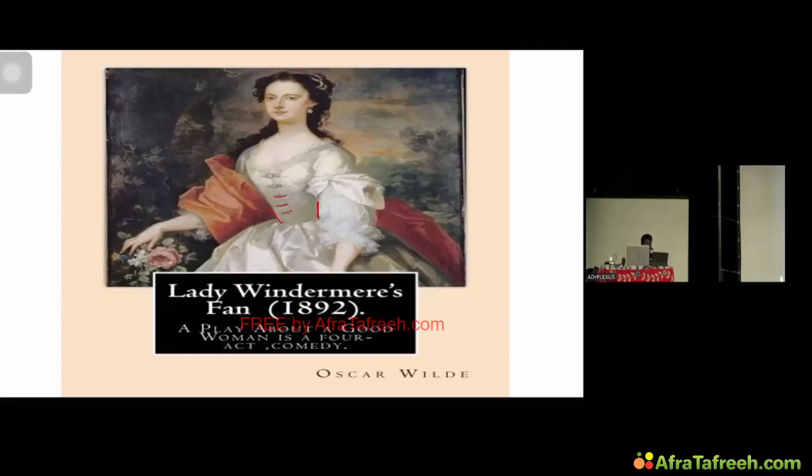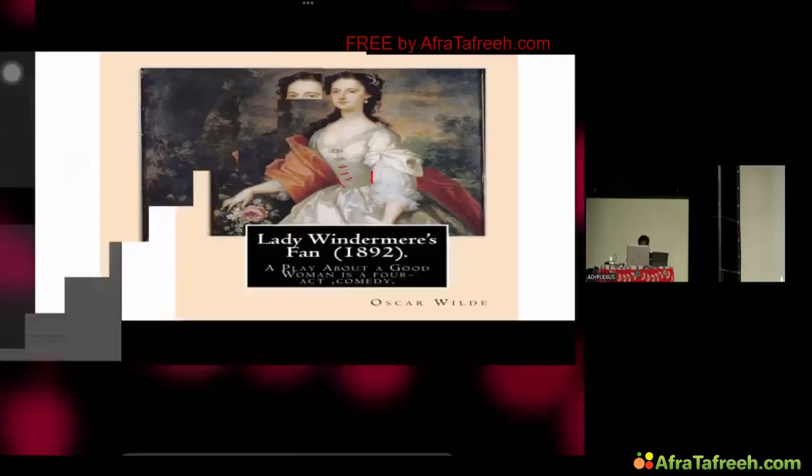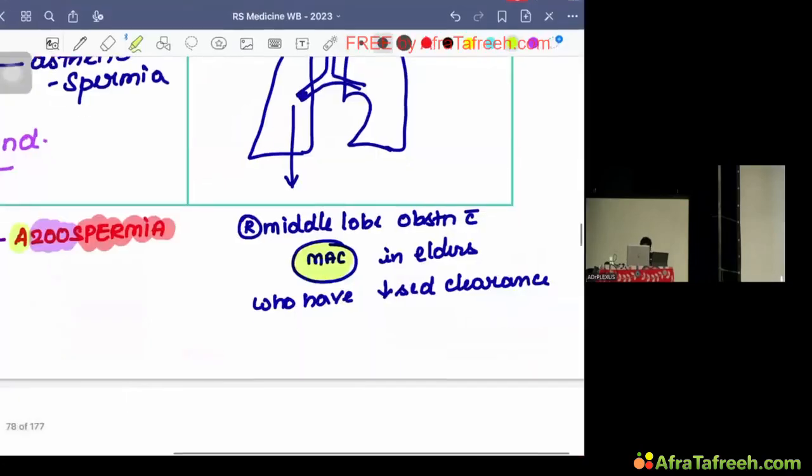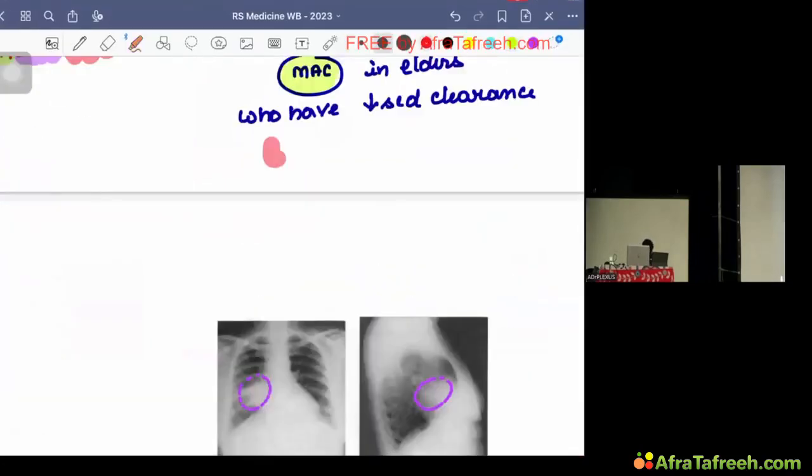The dress will not allow them to cough, so they used to suppress the cough. Because of the suppression of the cough, the secretions get collected, there is secondary MAC infection, and they develop bronchiectasis. Based on this character, they label this condition as Lady Windermere syndrome.